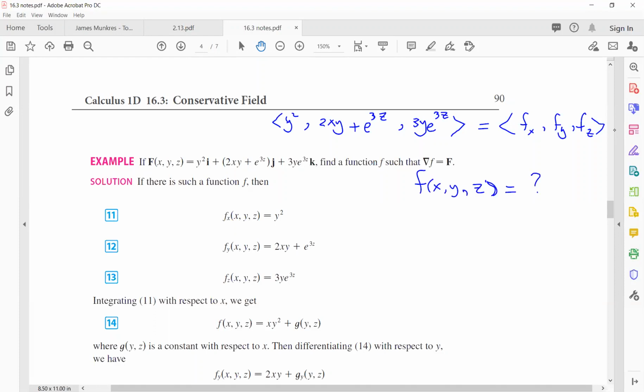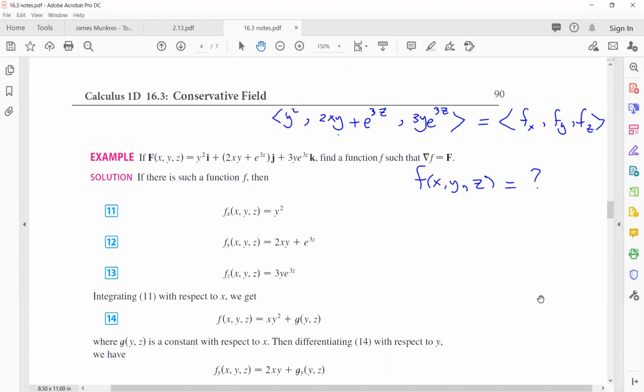What is this function? Okay. We have equality between 2 vectors. So the first components must be the same. So f sub x is equal to y squared. The second components are also the same. F sub y is equal to 2xy plus e to the 3z. Last component, f sub z, is equal to 3y e to the 3z.